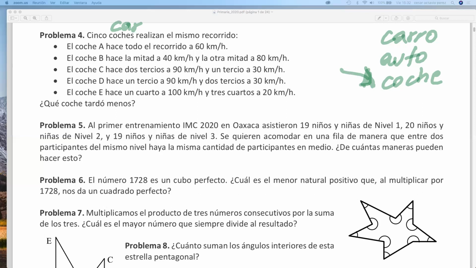Okay, it's an automobile. We also use automobile, but in Mexico, the most common words for this are coche and carro. Okay, so we have 5 cars.